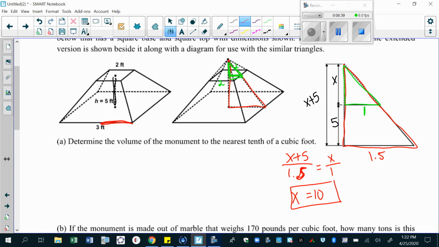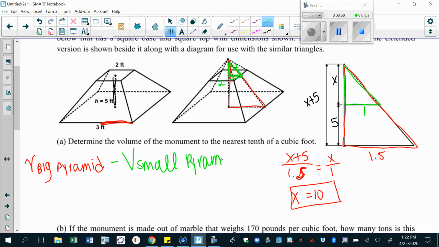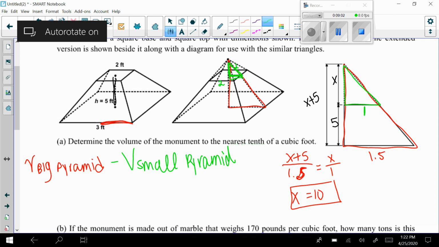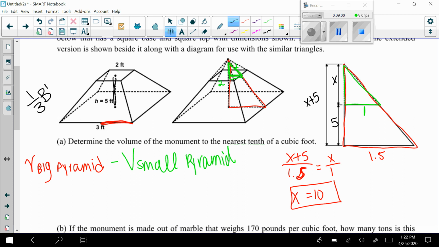And now we're going to do the volume of the big pyramid minus the volume of the small pyramid. Remember that the volume formula for a pyramid is 1/3 area of the base times height.